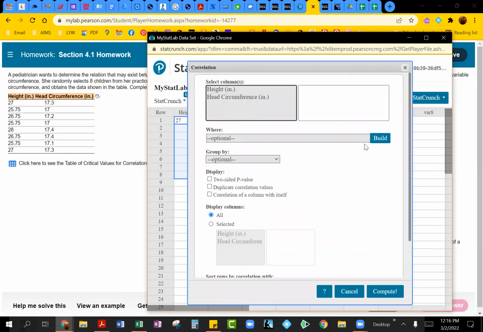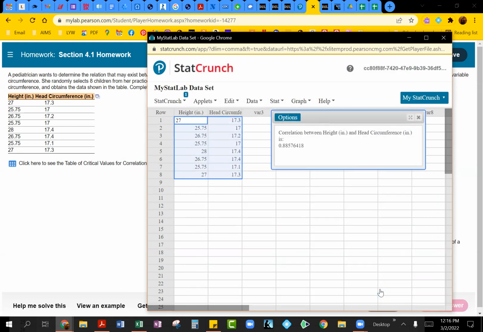You will go over there. Now, using the Control key on your keyboard, select both of these because we need both the columns in there. Once you select both of them, just hit Compute, and you will see it shows you what your correlation is between your height and head circumference.